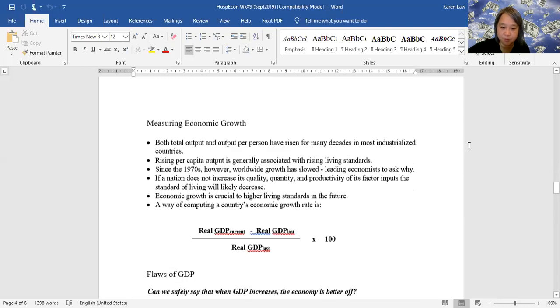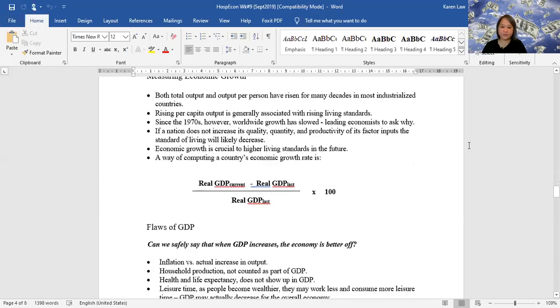Remember, for the base year, real GDP is the same as nominal GDP. So let's just finish this, using our previous table as an example to calculate real GDP.